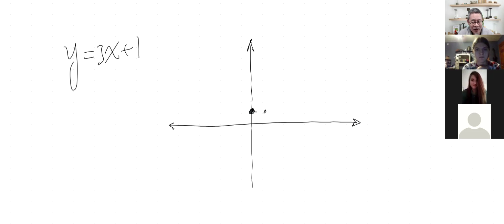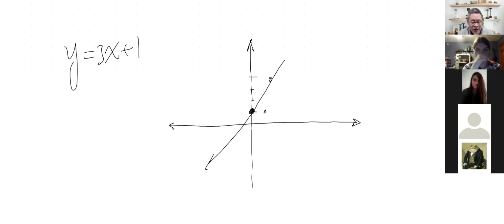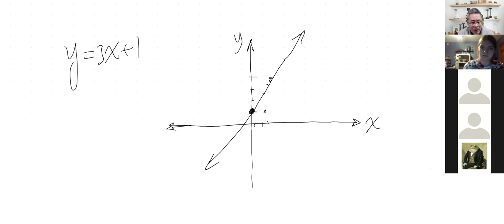Then we have a line there. And that just means that for every x value, we get a y value. And on this number line, the numbers represented are all real numbers.